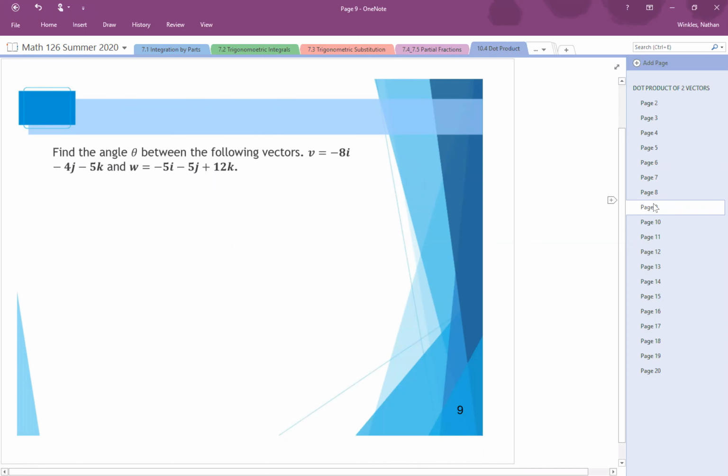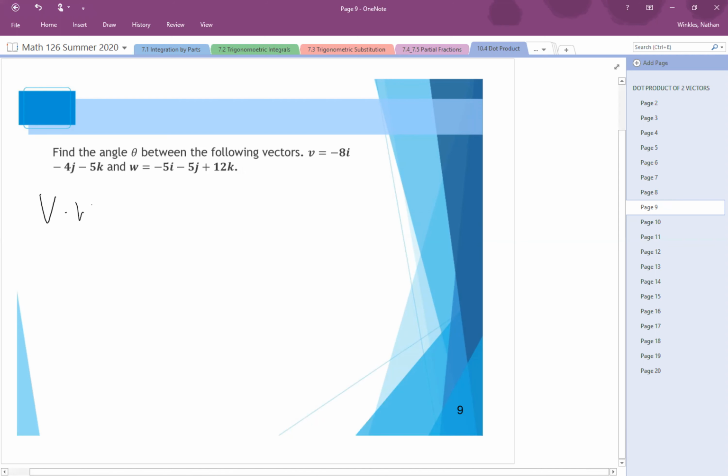So now we're told, find the angle theta between the following vectors, v equals negative 8i minus 4j minus 5k, and w equals negative 5i minus 5j plus 12k. So the first thing we need to find is v dot w.